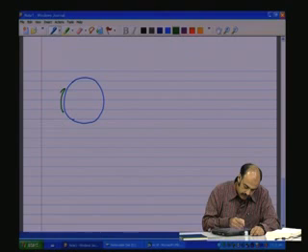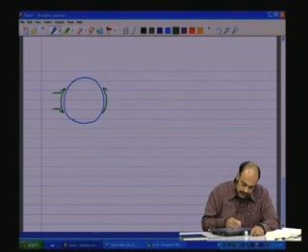So let us explain with respect to just this A field. So we have the A field like that with coils wound and all those things.